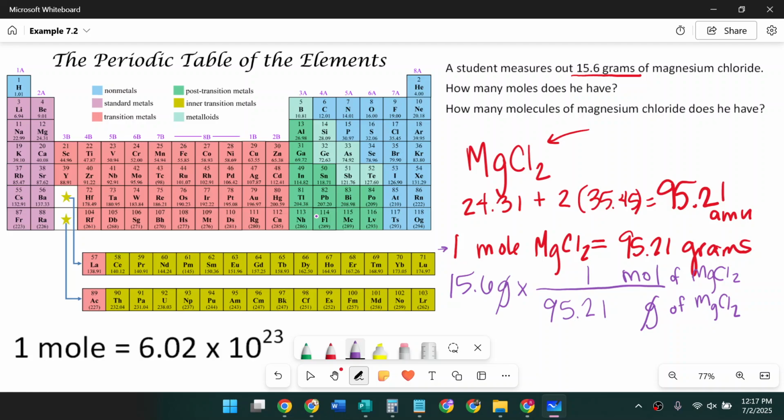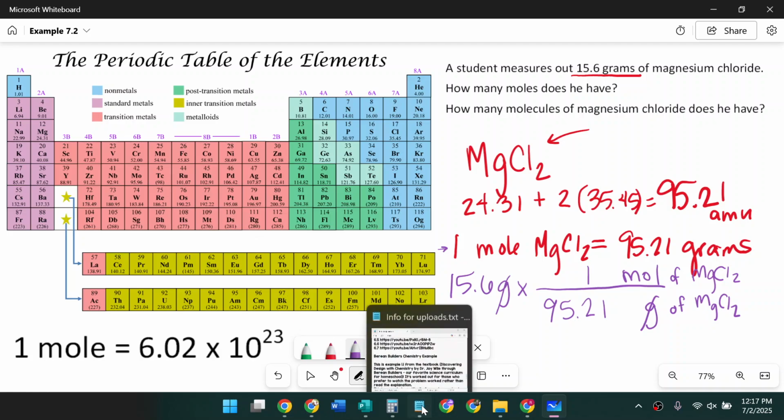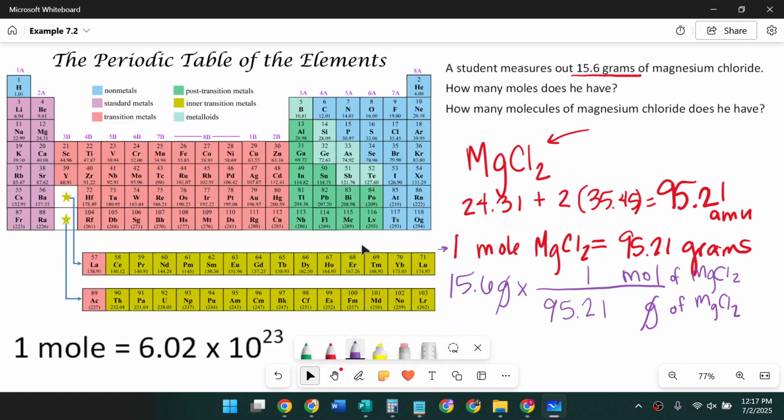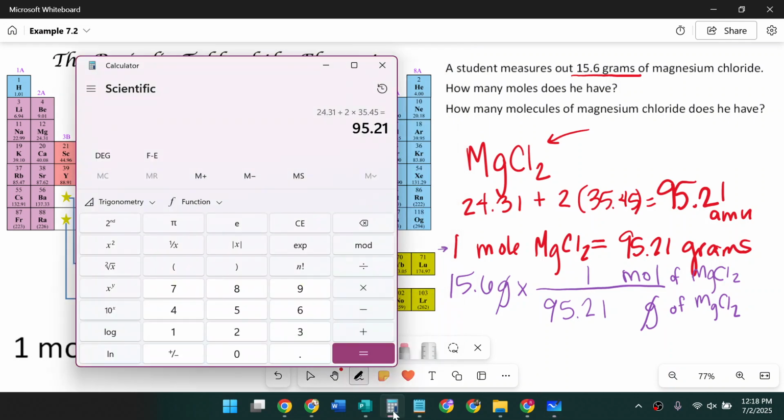This time we actually do have to pay attention to the rules of significant figures for multiplying and dividing, because now we're dividing numbers that are not exact. 15.6 has 3 significant digits and 95.21 has 4. So we're limited to 3 significant digits.